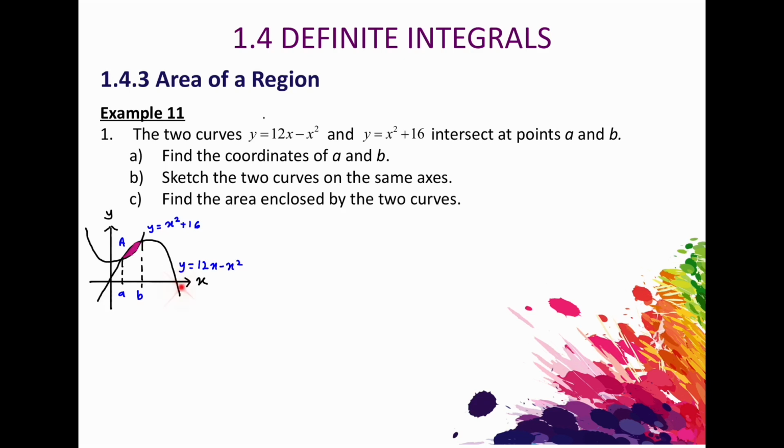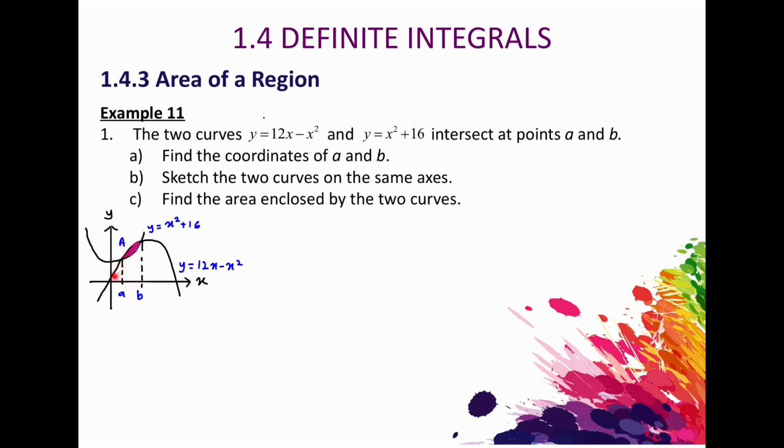This is the graph for y equals 12x minus x squared, and the other one is for y equals x squared plus 16. The pink region here is the area enclosed between the two graphs, and A and B here represent the x coordinates of the intersection points.